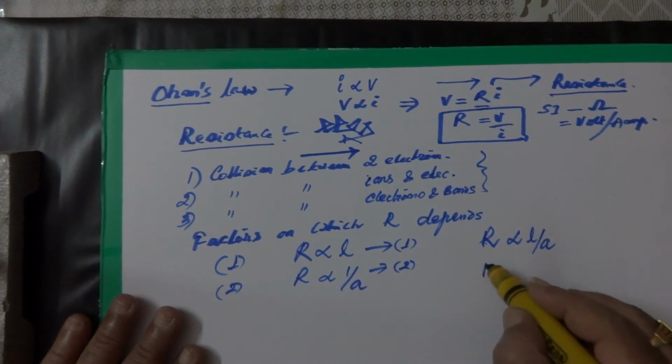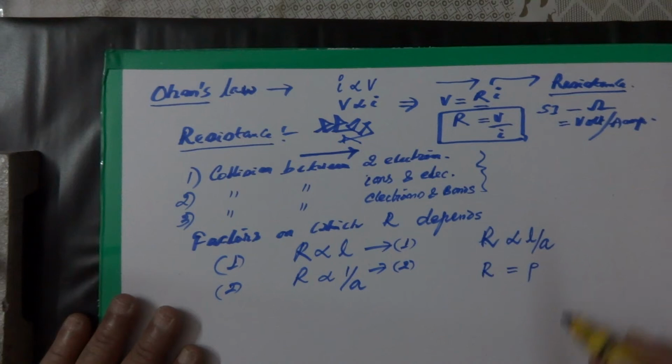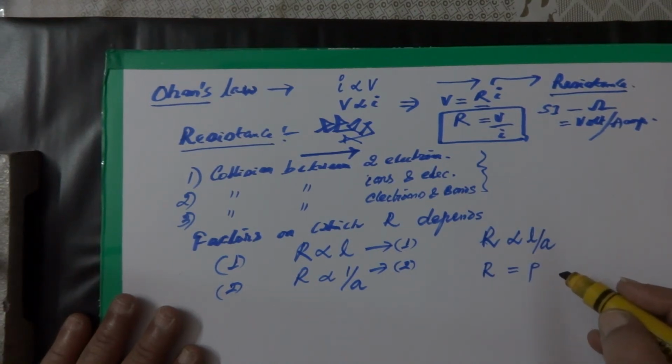Or we can write an equation by writing a constant of proportionality rho, which is called the specific resistance or the resistivity.